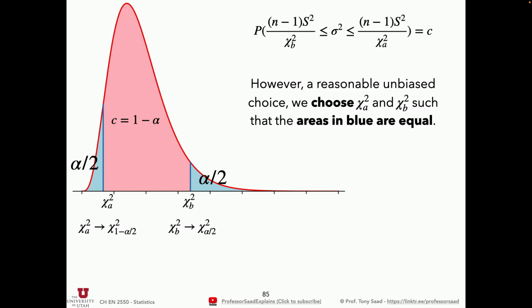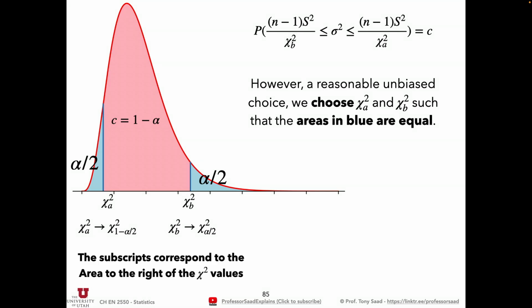Okay, don't get entangled in the nomenclature, right? But you should know that that's the nomenclature that is used. In fact, what they did was flip all the nomenclature we used so far, and they designate by the subscript the area to the right instead of the area to the left.